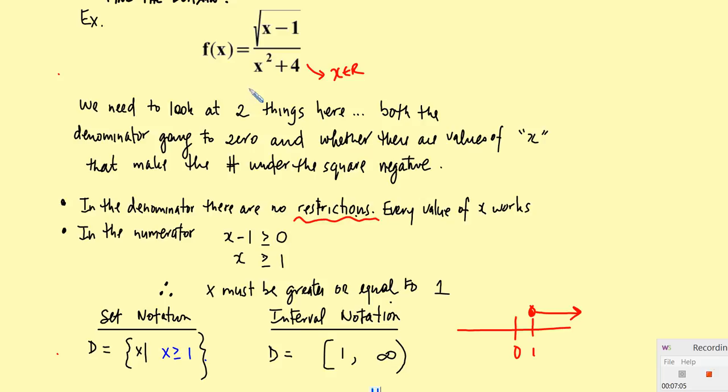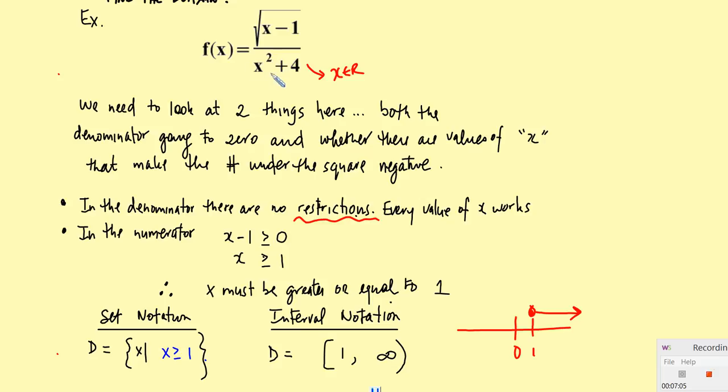So I can say that my domain so far is that in the denominator, x is an element of R, because all my values of x here will always go to a positive, simply because x is being squared. So even if I put a negative number and I square it, it's still going to be positive.